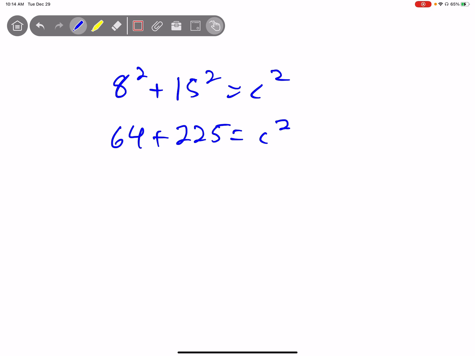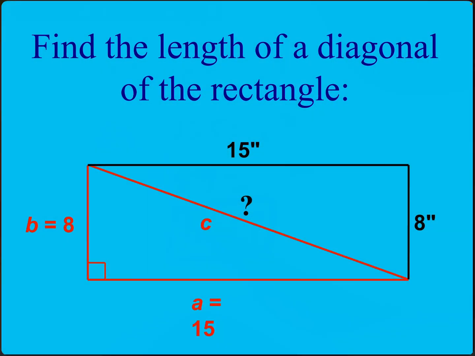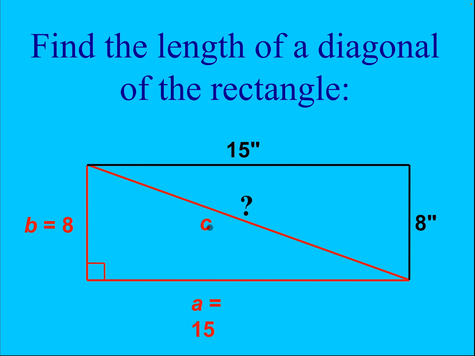And 64 plus 225 is 289, and that equals C squared. Now 289 does have a square root. It's not one that you would guess. C equals 17, because 17 times 17 equals 289. So the length of the diagonal, in this case, C, is 17.